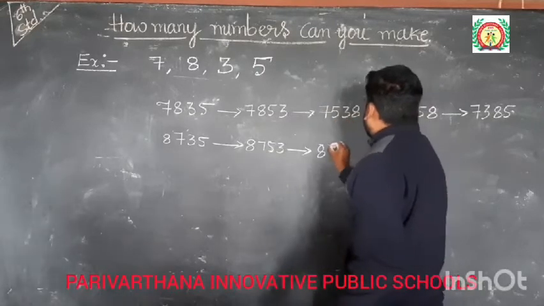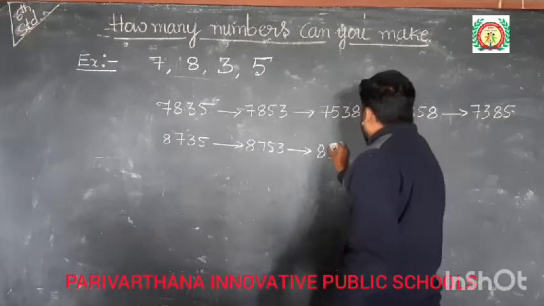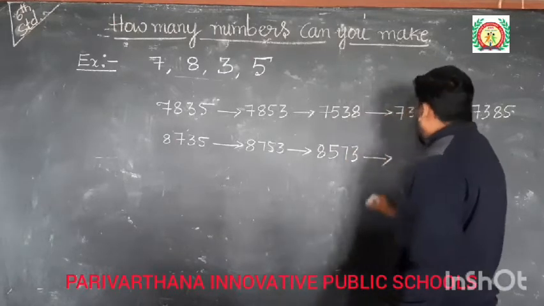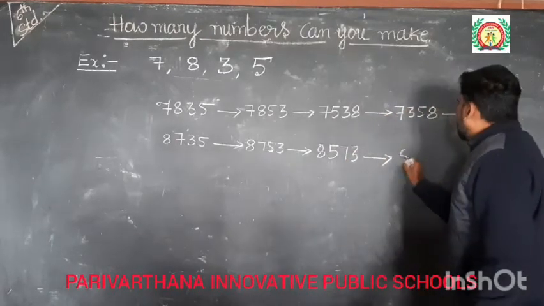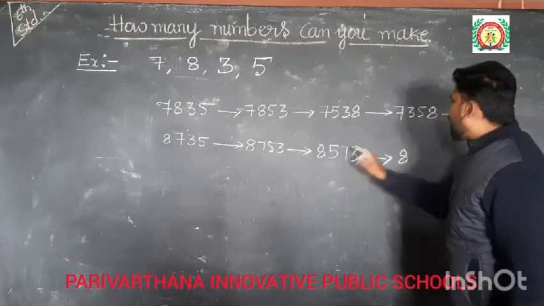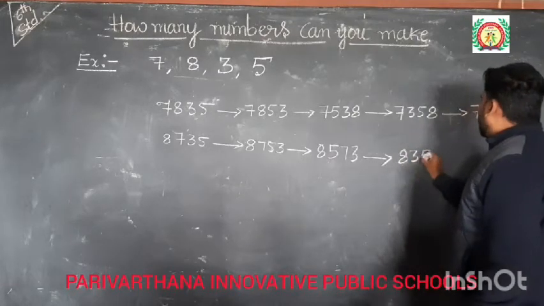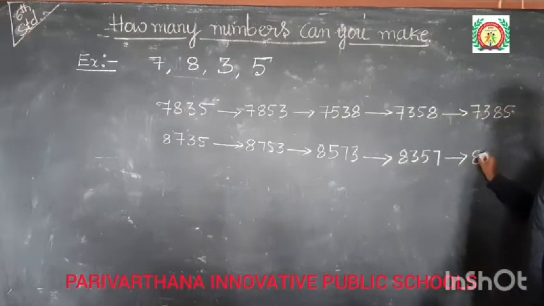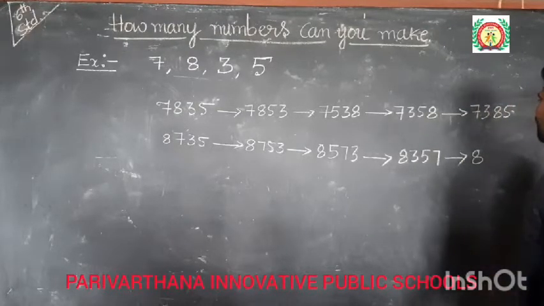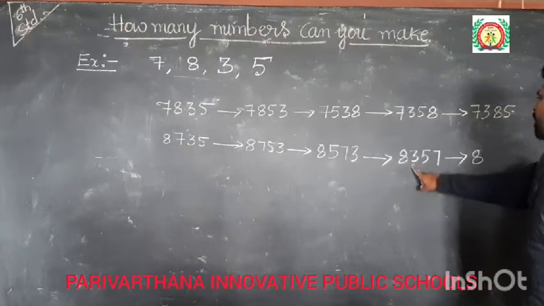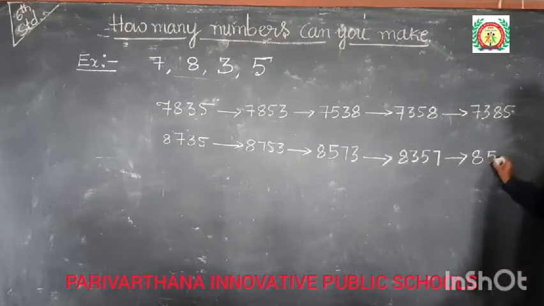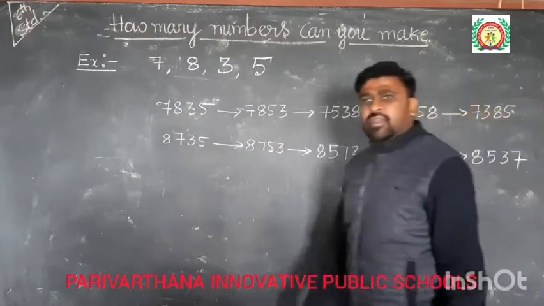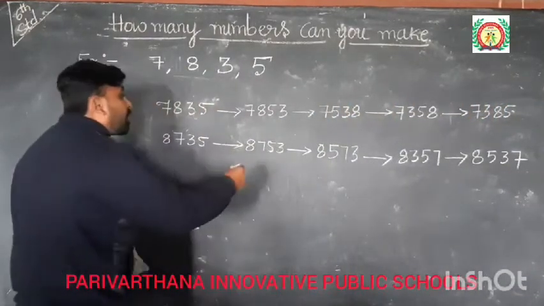See here. 5, 7, 3. Next, 8,000, leave 3 here. 3,057. Next, 8,000, what remains is 5. 537. See here, these are some of the different numbers.